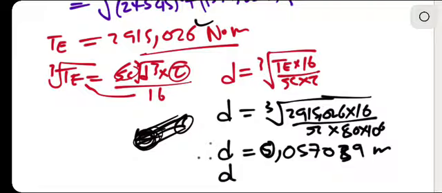Then round this to 3 decimal places. Let me not write it, but you can round this to decimal places.